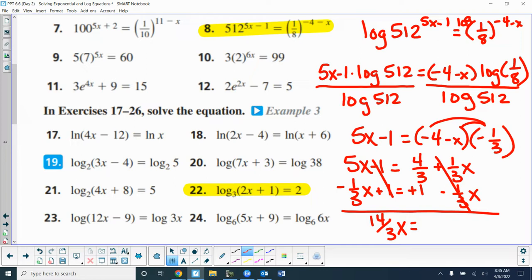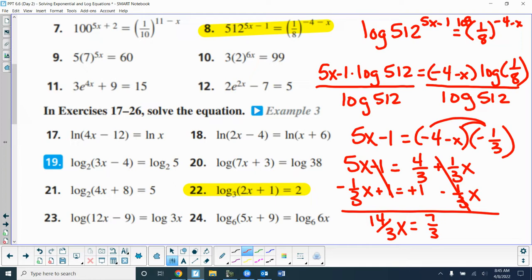And I'm going to change 1 to 3/3. So what's 4/3 plus 3/3? 7/3. Okay? So I just changed 5 to thirds and 1 to thirds, so I have common denominators. So I could do the addition and the subtraction. You with me? Now, what do I do with that 14/3?